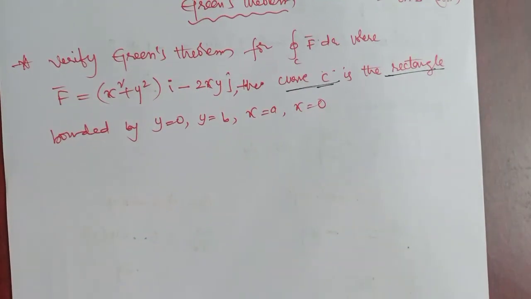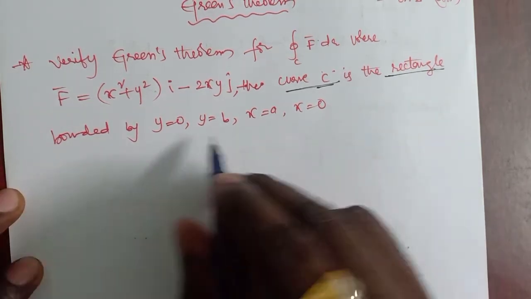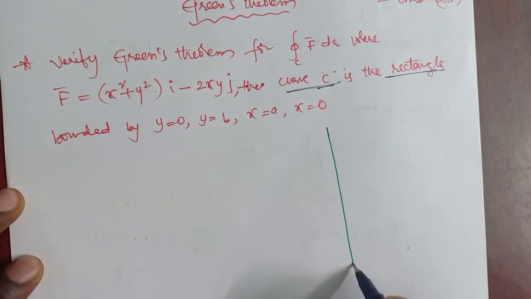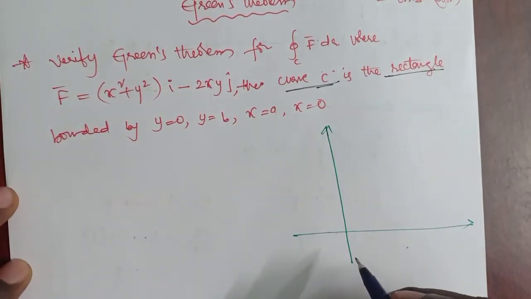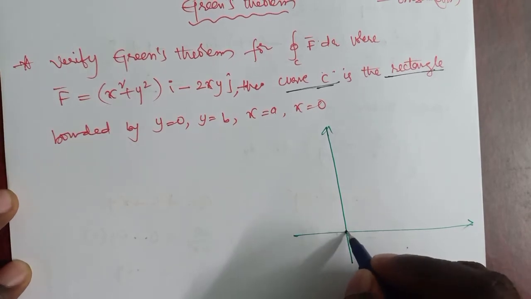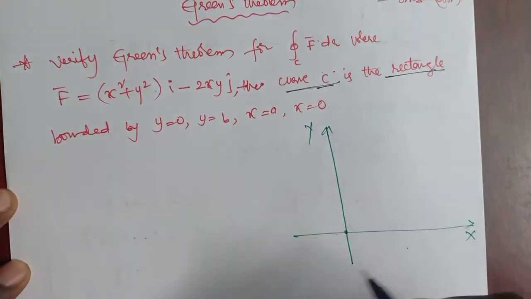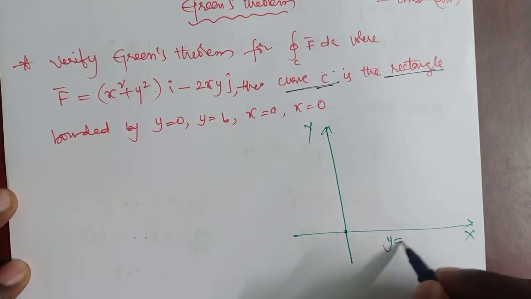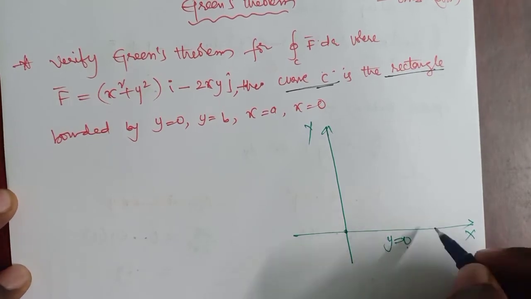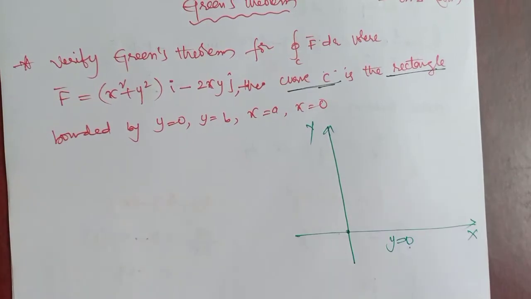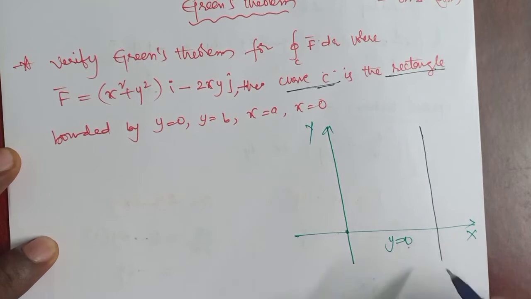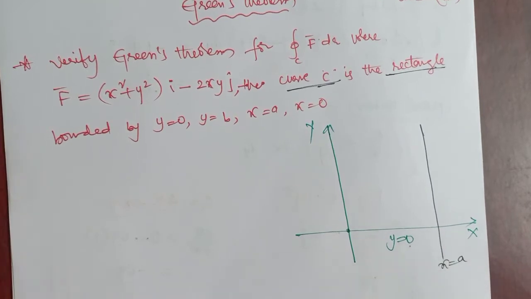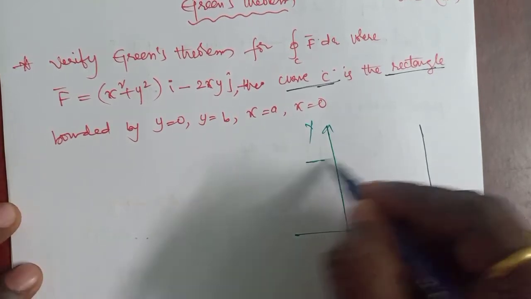Now coming to the graph, the x axis and y axis represent y equal to 0 and x equal to 0, and the lines x equal to a and y equal to b.